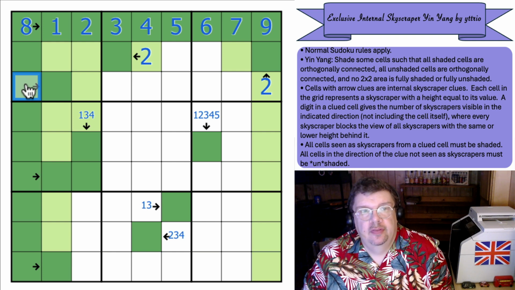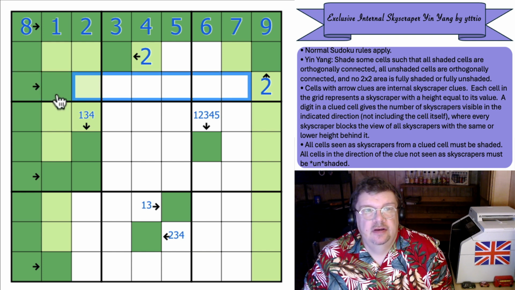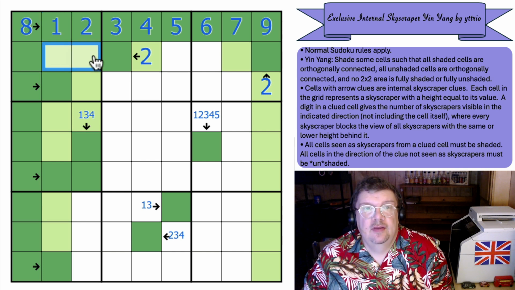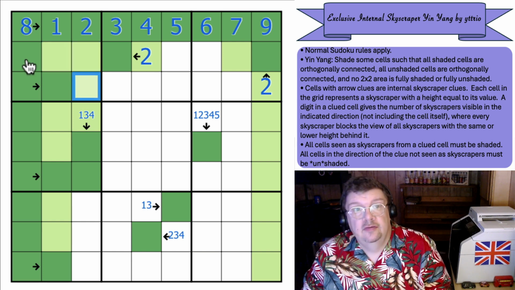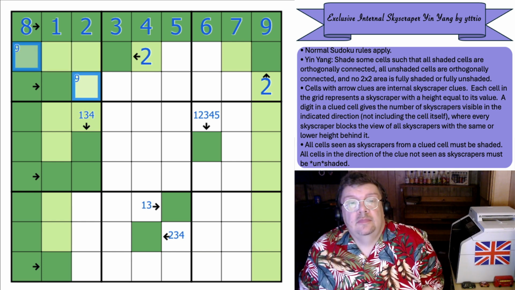So we've already determined that that can't be a 9. If this were a 9, that would have to be a 1 with all of this unshaded, but that can't be a 1 by Sudoku. Neither of these can be a 9, because if they were, they would have to be shaded for this 2 clue. So 9 is in one of these 2 cells in this box.